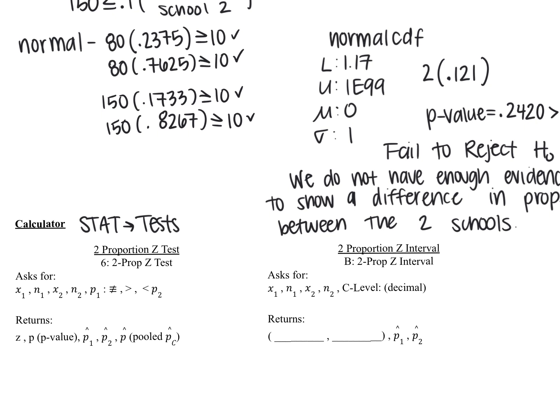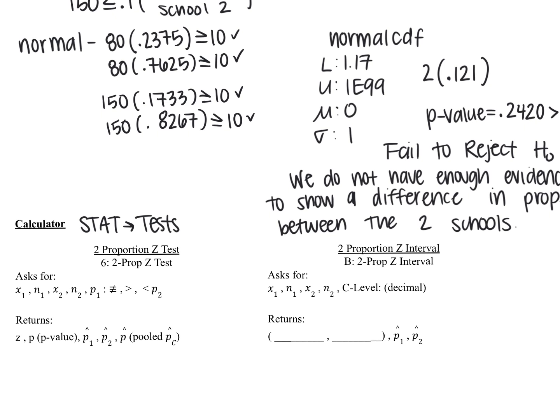So no matter which method I use, whether I calculate the z-score and then use normal CDF, or I use the calculator to calculate my p-value, I still am going to fail to reject my null hypothesis. So again, not a difference that makes us change our conclusion, so it doesn't matter which one you use.